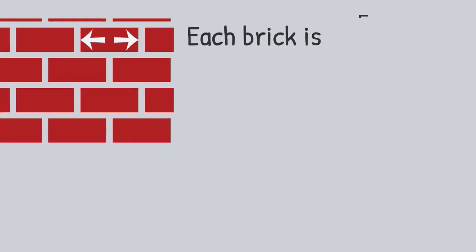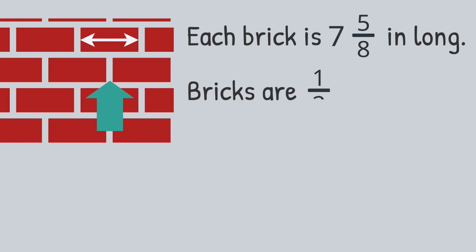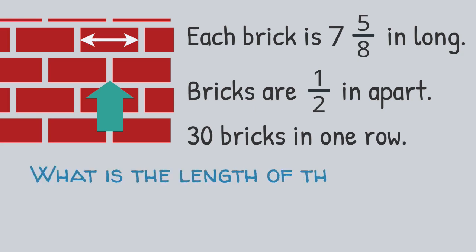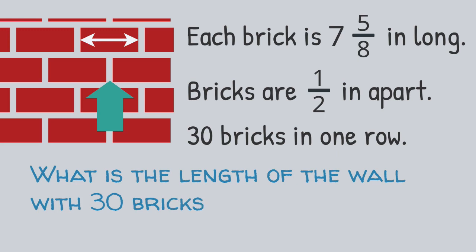A worker is putting brick along the bottom of the house. Each brick measures 7 5/8 inches long and is half an inch from the next brick. The worker plans to lay 30 bricks across the bottom. What is the total length of the wall with 30 bricks and mortar between each pair of bricks?